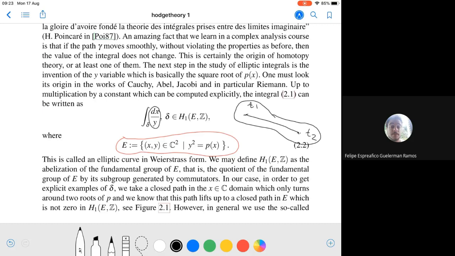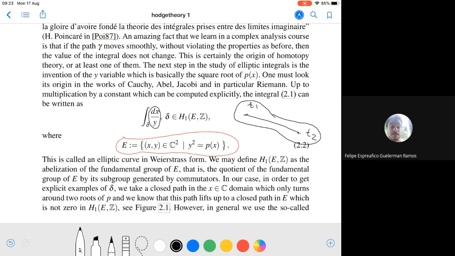The idea is that in the domain of integration we are going to do a little bit of topology, and in the integrand part there will be popping up concepts of algebraic geometry, like algebraic differential forms and so on. Anyway, for the moment, y is the square root of p(x).